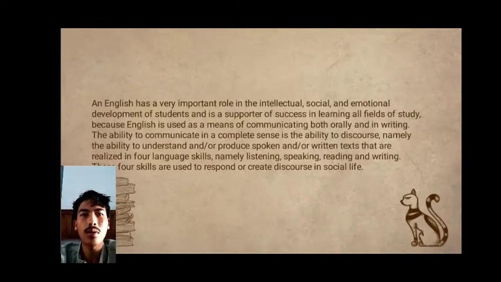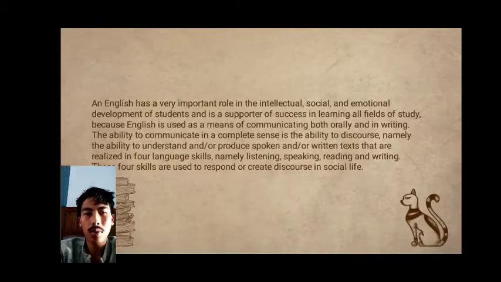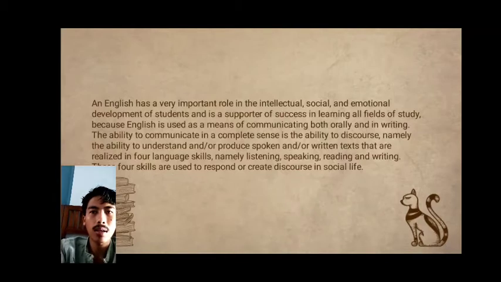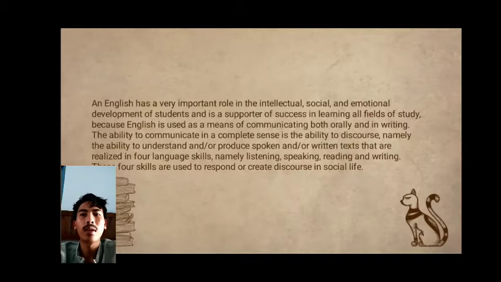The ability to communicate in the complete sense is the ability to discourse, namely the ability to understand and or produce spoken and or written texts that are realized in four language skills, namely listening, speaking, reading, and writing. These four skills are used to respond to or create discourse in social life.